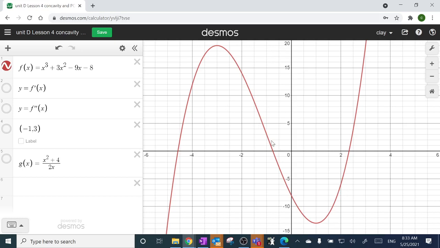Where in here is that point exactly where it changes from the slopes are continually decreasing to they start to increase? That's actually kind of a tough ask. So it's a good thing we can find it algebraically. It turns out it's this point exactly right here at (-1, 3).